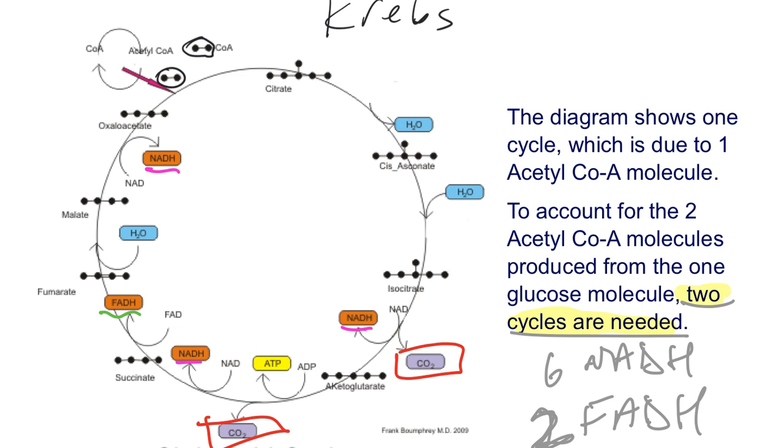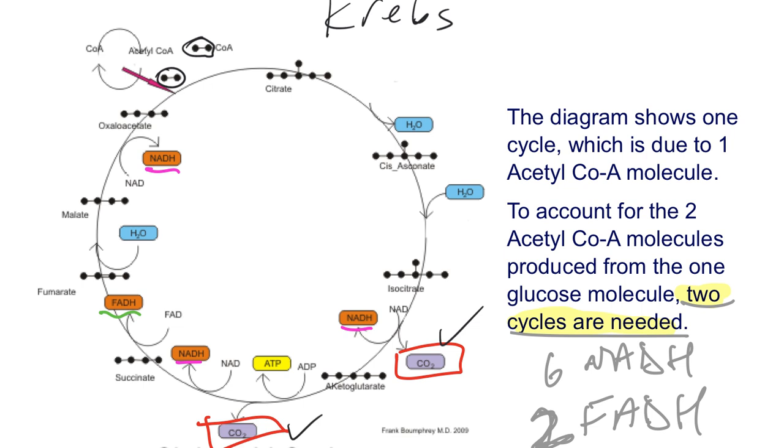So the cycle has to go around twice in order to use what came from the original glucose molecule. Now, notice a few things here. Carbon dioxide again is produced as the carbons shuffle around in different kinds of molecules going around this cycle.